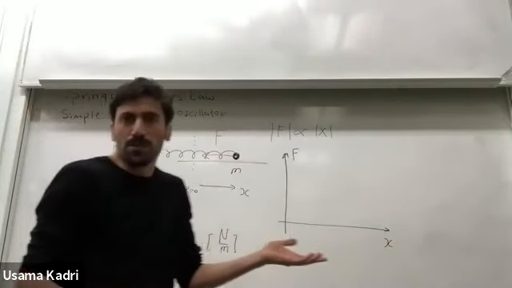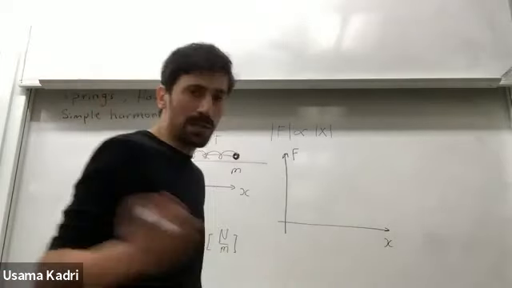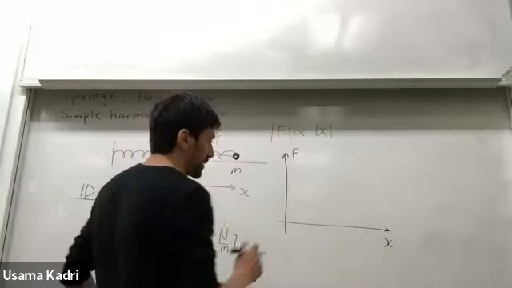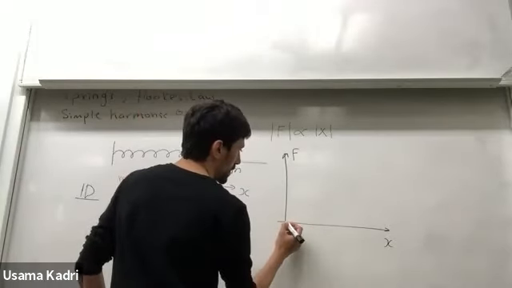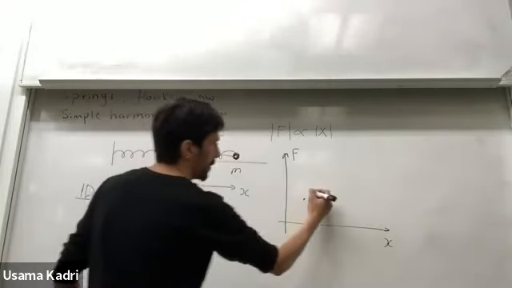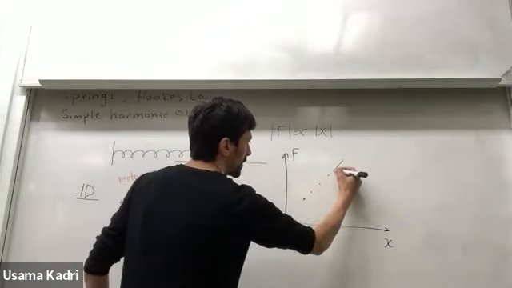I can calculate the force, right? It's simply m times g. I know the masses, and I can measure that distance x. So at some point, let's say we have a point here, and then a point here, and then a point here. It should be a straight line.